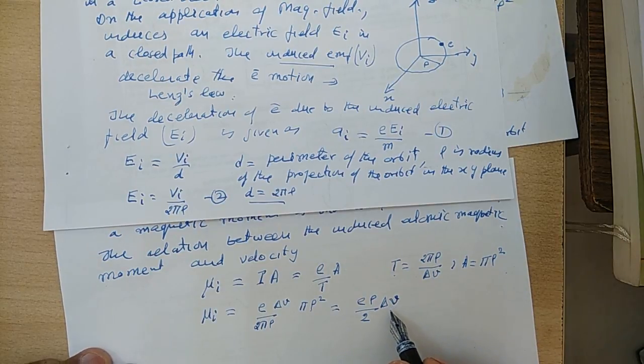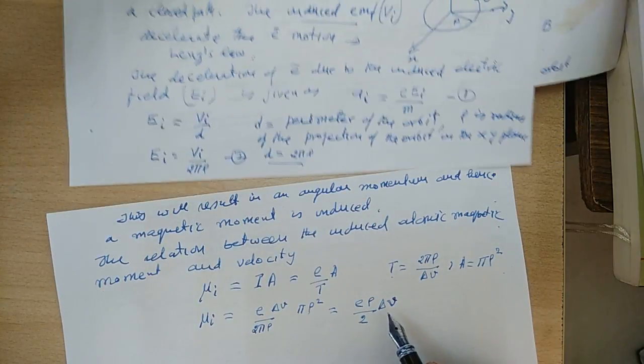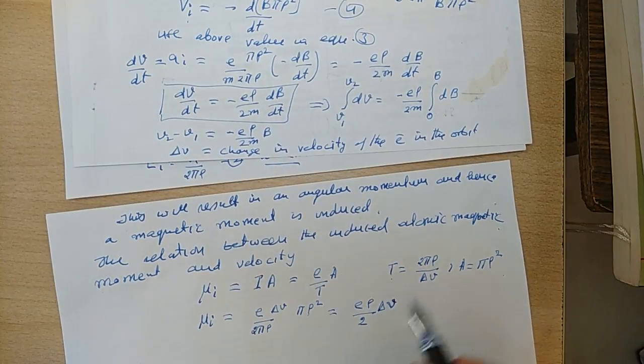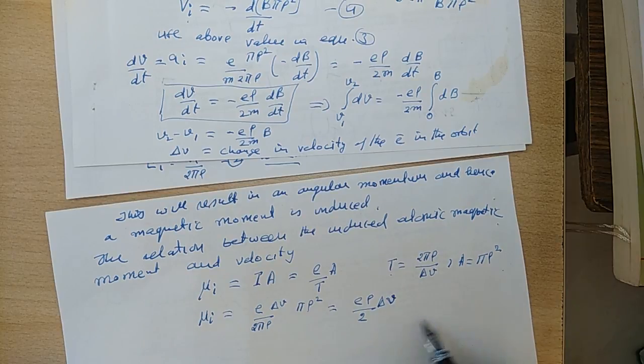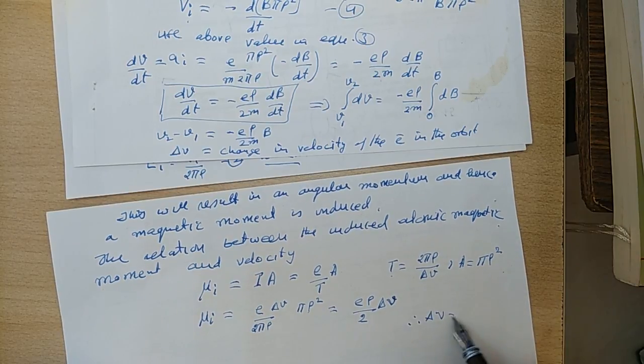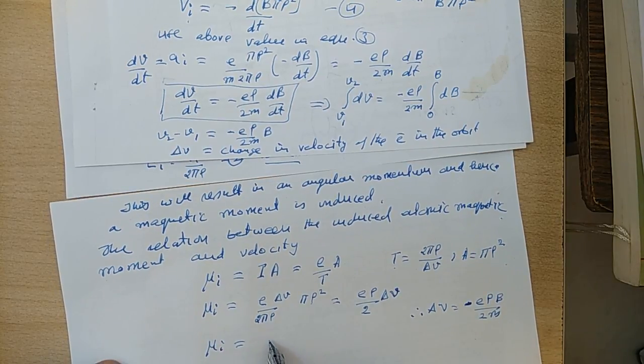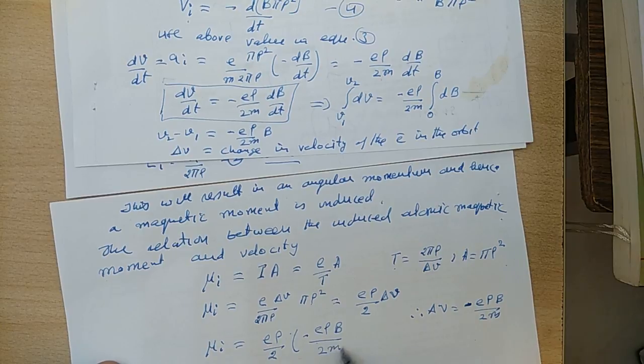And we know the value of the change in the velocity; earlier we derived this expression. So we know that delta V is equal to minus E rho B by 2m. So this mu I comes out to be equal to E rho by 2 into, with minus sign, E rho B by 2m.